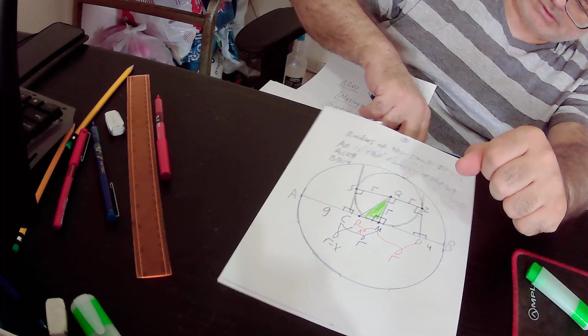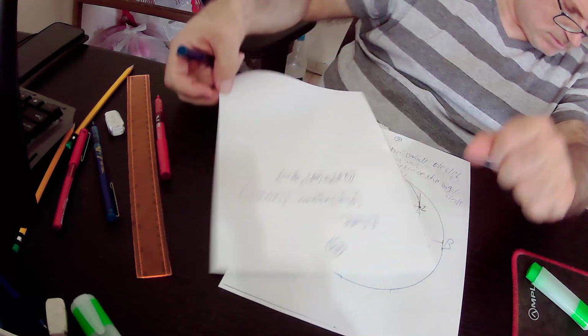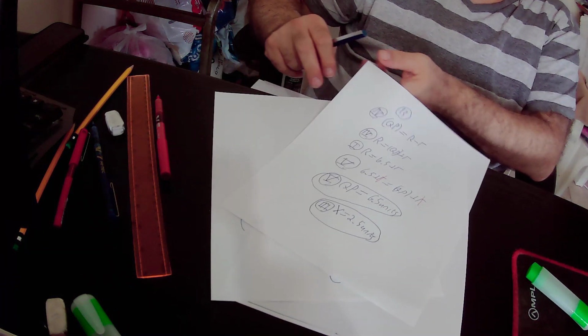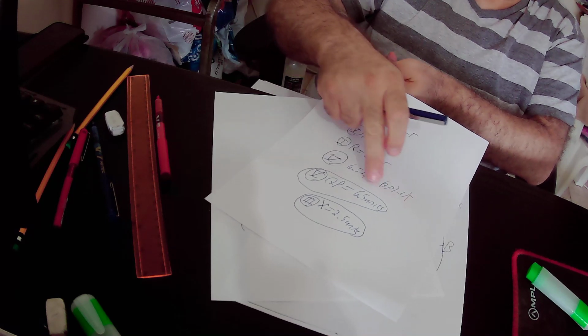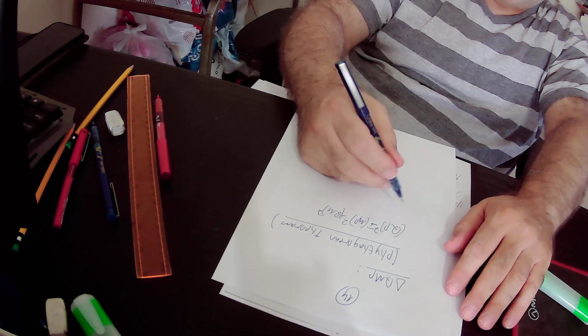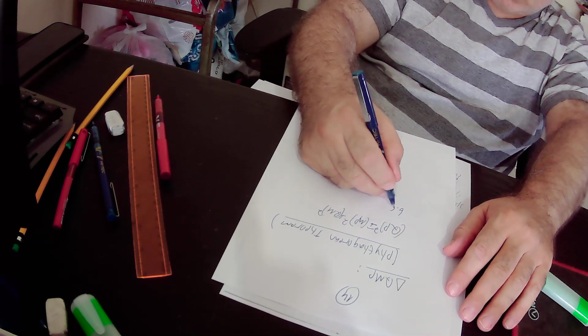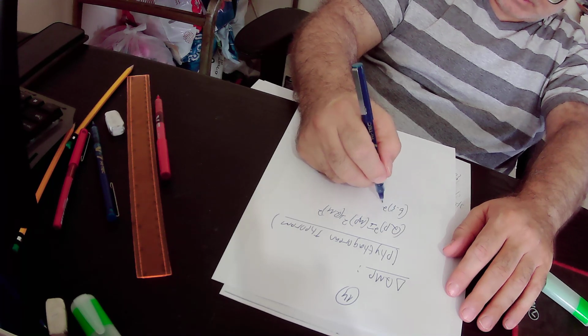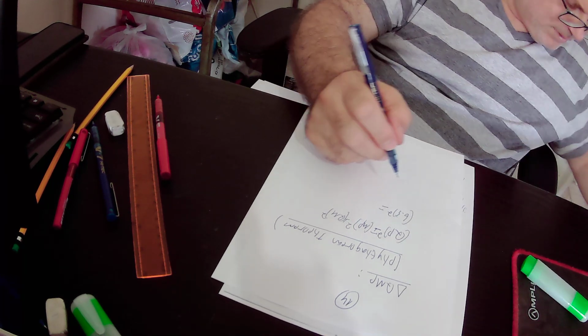But we have already found out that QP equals 6.5 units. So QP square is actually 6.5 square, equals MP square plus QM square.